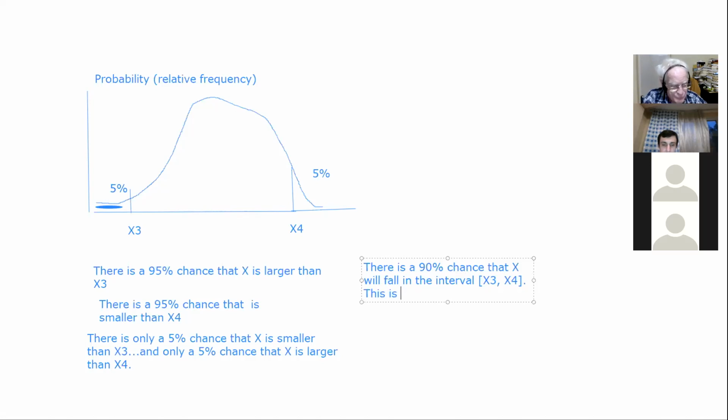This is the 90% confidence interval for x. Okay, so far. So this same reasoning will apply to the 95% confidence interval. You just have a wider range of possibilities.